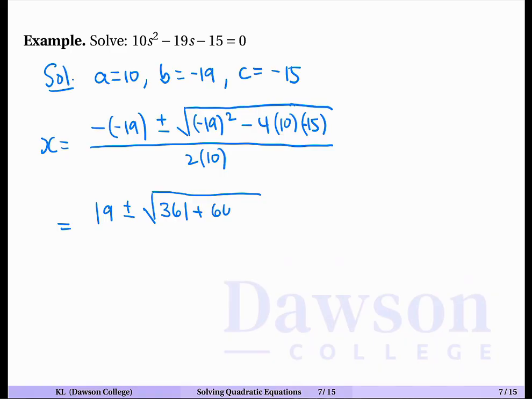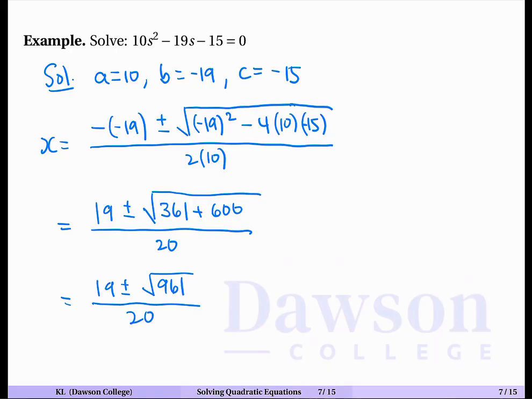So plus 600, divided by 2 times 10, that's 20. So we will have 19 plus or minus square root of 961 divided by 20. Square root of 961 is 31. So you will have 19 plus or minus 31 divided by 20.